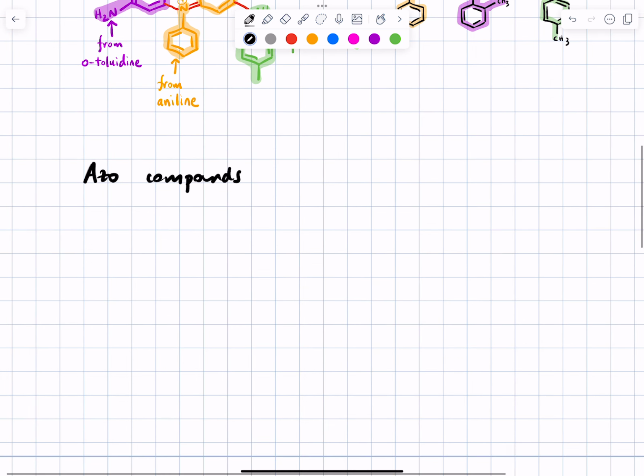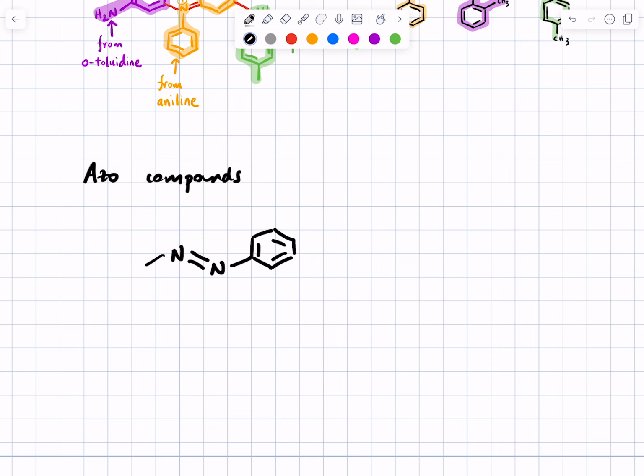So an azo compound is one that has a double bond between two nitrogens, and on either side you've got, in many cases, benzene rings. Azo compounds are highly conjugated, and so they're often quite colorful.